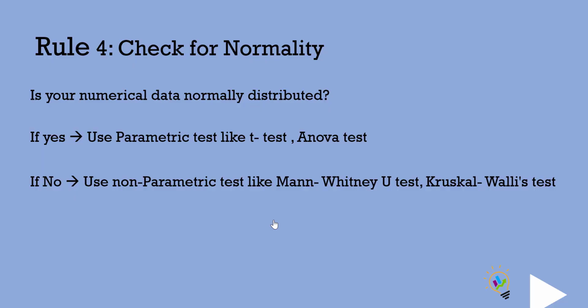If the data is not normally distributed, then we are going to use non-parametric test like Mann-Whitney test or Kruskal-Wallis test. So we decide the statistical method basing on the data normality also. If the data is normally distributed, then parametric. If the data is not normally distributed, non-parametric method we are going to use.